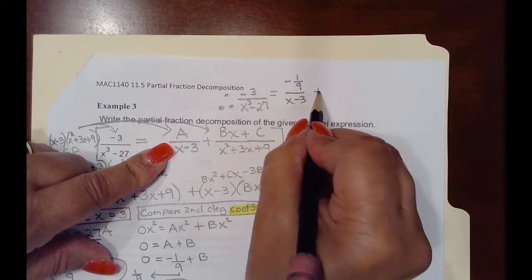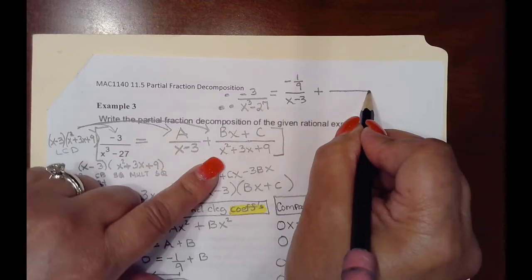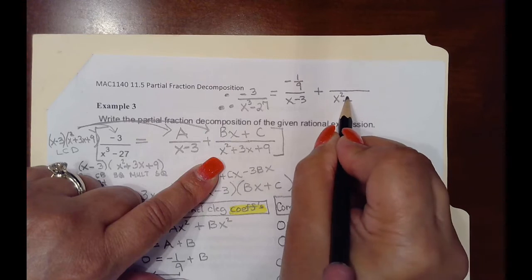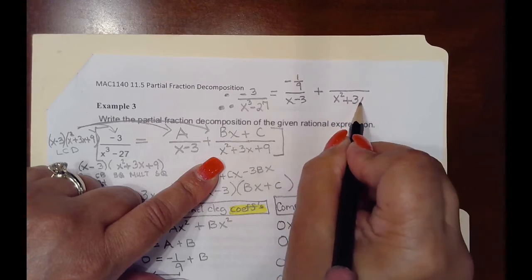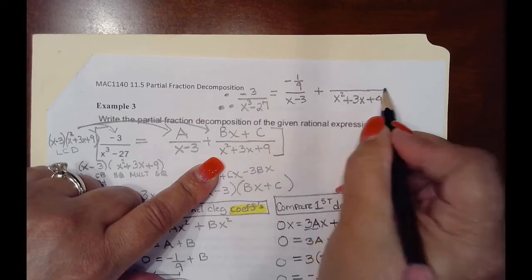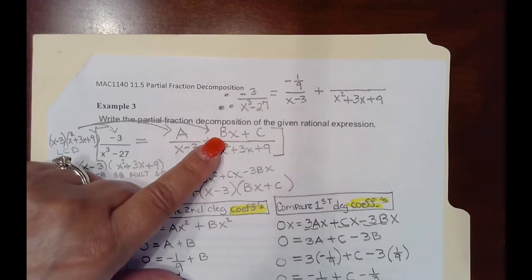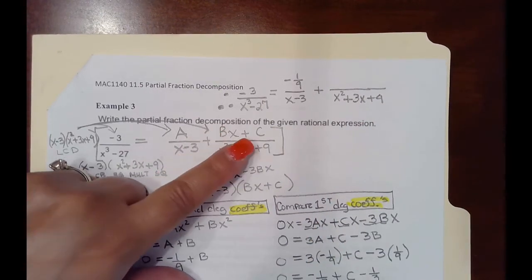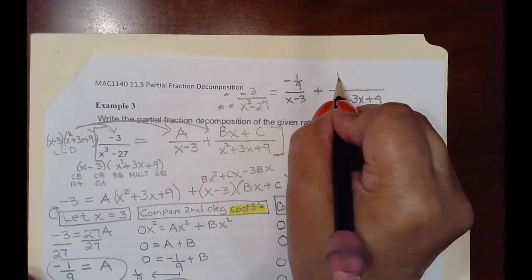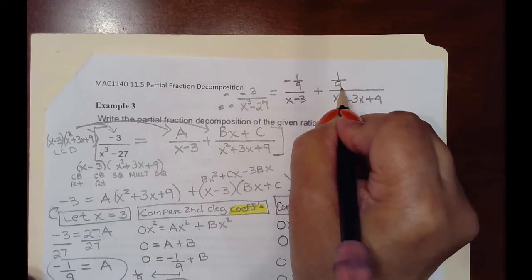Then moving on to the next numerator, which was associated with this denominator, x squared plus 3x plus 9. And that numerator was bx plus c. Our b value was 1/9, so 1/9 times x.